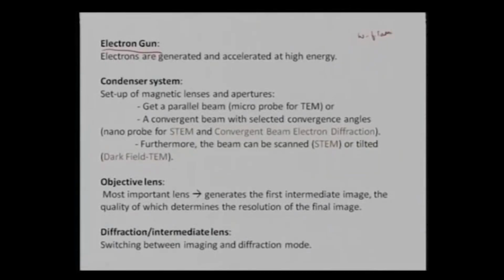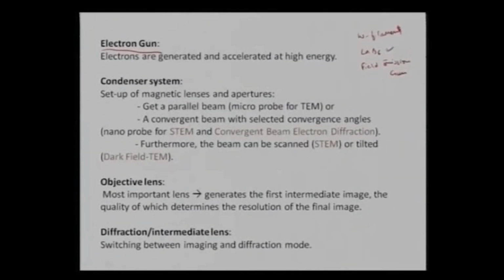I have some sources of electrons, which can be a tungsten filament, a LaB6 filament, or even a field emission gun. Depending on that, the tungsten filament is a low cost but lower emission source.